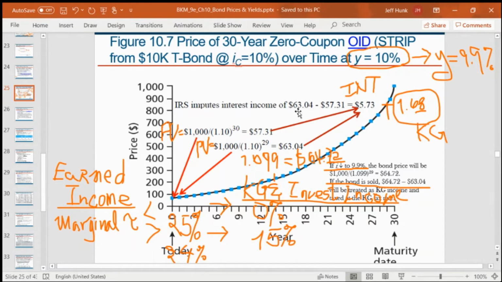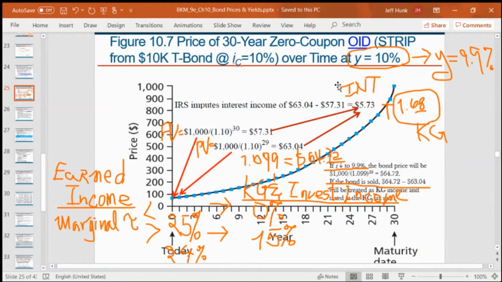This much, the difference between the first year present value and the second year present value of the 30th year OID, is considered interest income.